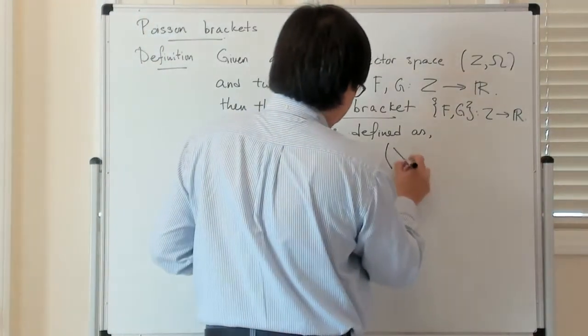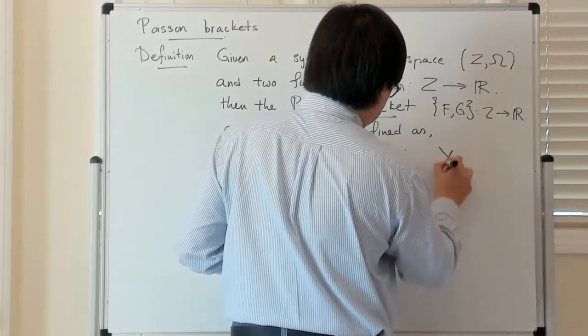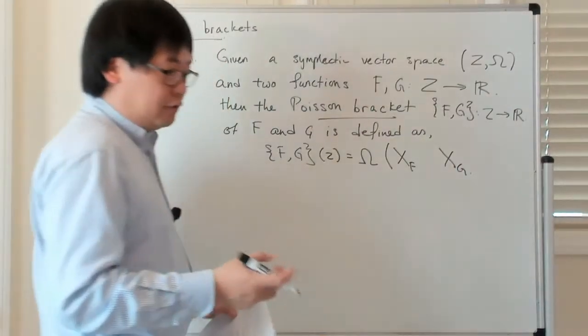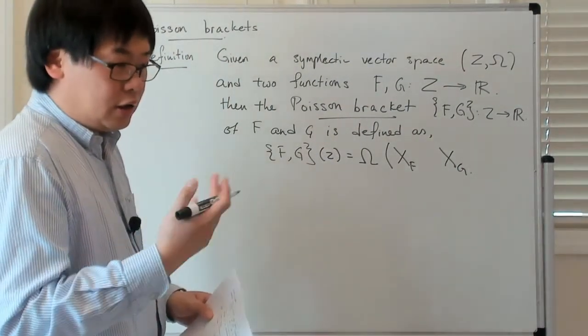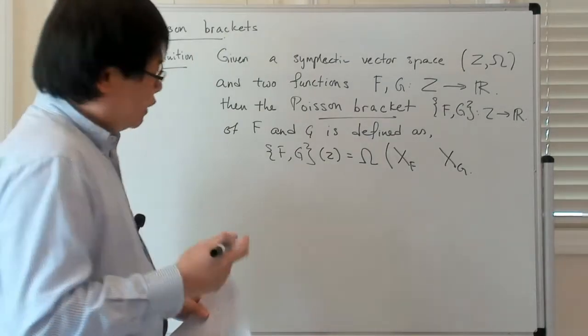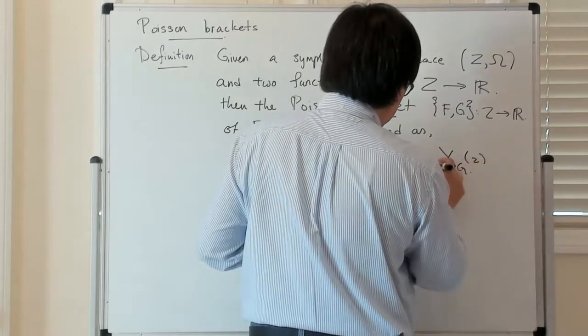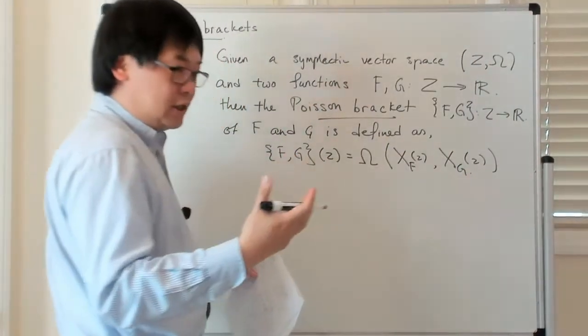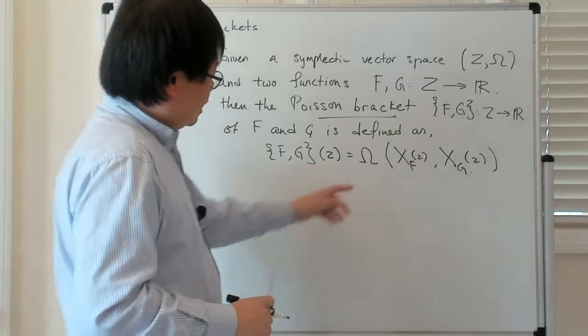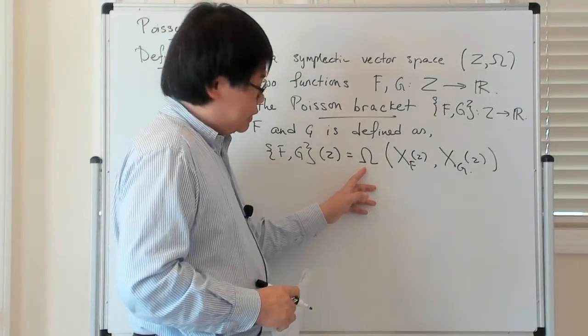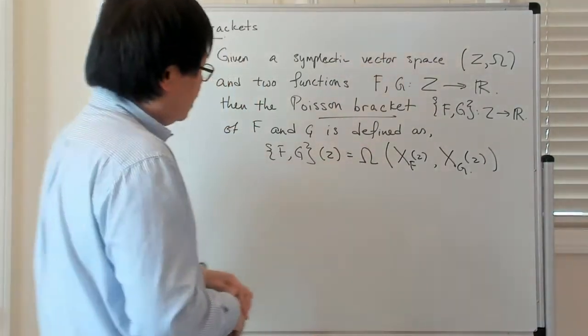So you'll have Xf and Xg. These are vector fields. You want to evaluate them to give you a vector, so I evaluate them at the point z. That's quite natural. And then I take these two vectors and apply the symplectic 2 form to that. That gives me a real number.